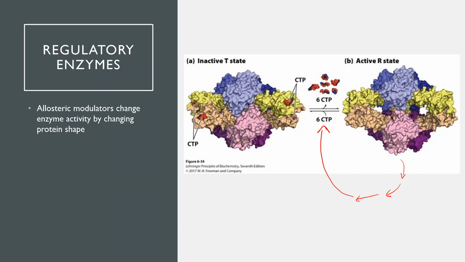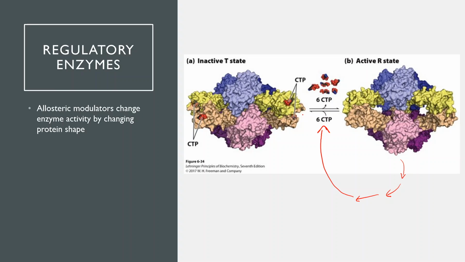In this case, binding of CTP has an allosteric effect on the enzyme to convert it into what's called its inactive T state, from the active R state. But this is just a generic example of when a negative modulator is bound to an enzyme. It changes the shape, changes the binding site shape or the active site shape, and reduces its activity.